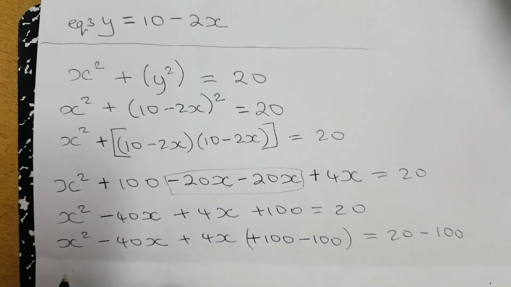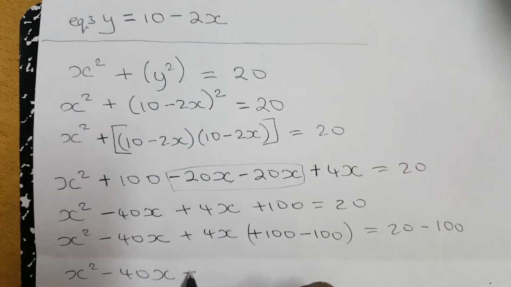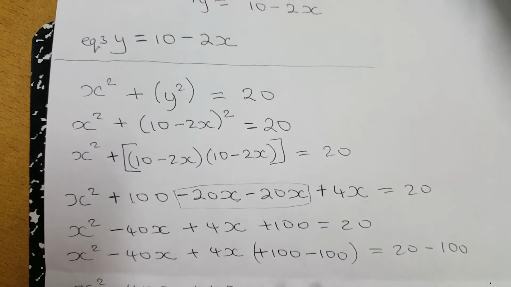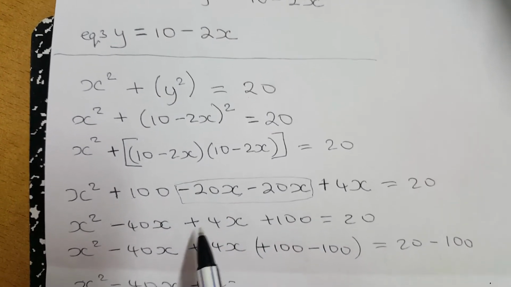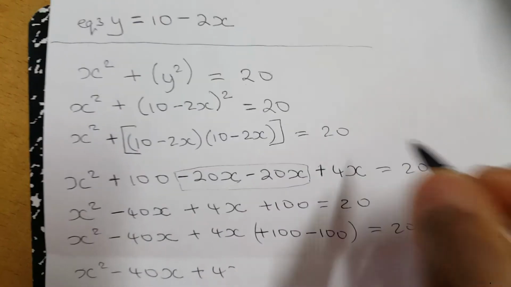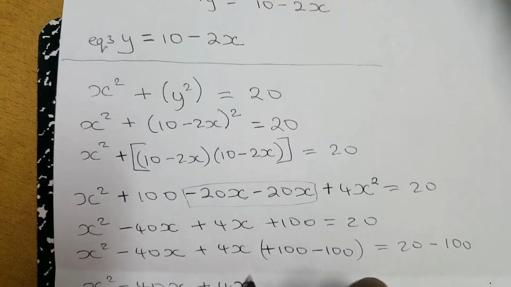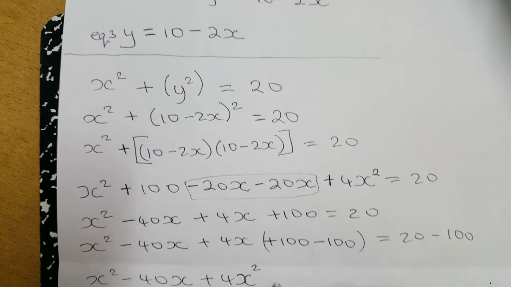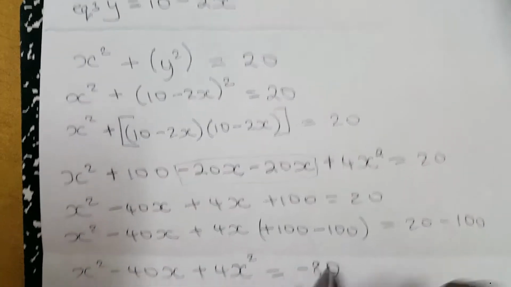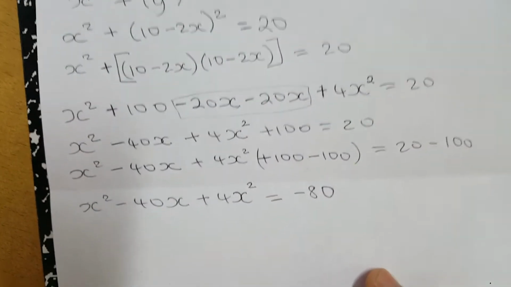Wait, I made a mistake. The negative 2x multiplied by negative 2x is positive 4x squared, and the right side equals negative 80.